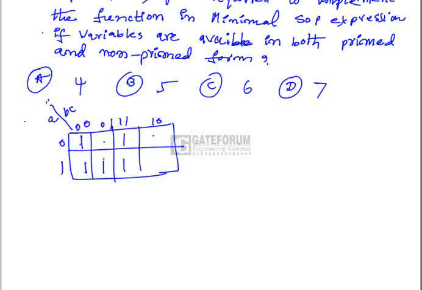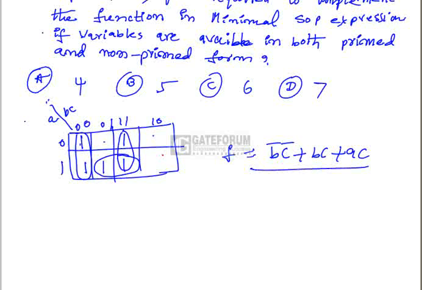So the correct mapping for this is: these two can be mapped, these two can be mapped, and these two can be mapped. So from this, the minimum expression is B dash C dash plus BC plus AC from this K-map method. So this can be represented by means of some NAND gate representation.